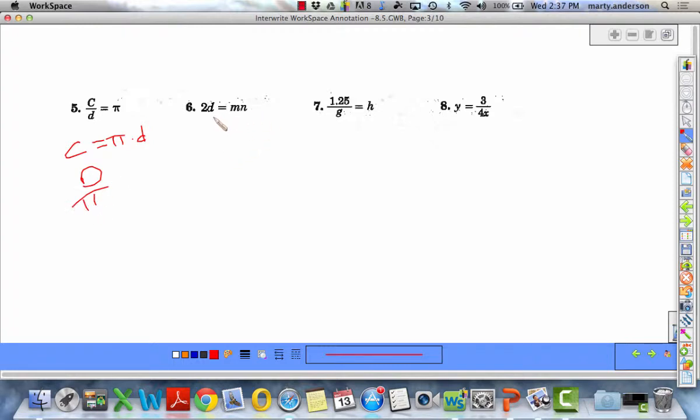This one is a little bit different in that you could look at it kind of two ways. I would look at it as we need to get it by itself, so D equals 1/2 M times N, and this is double multiplication, so we would call that joint, and we would say that the constant of variation is 1/2.